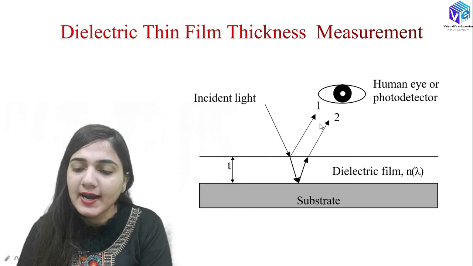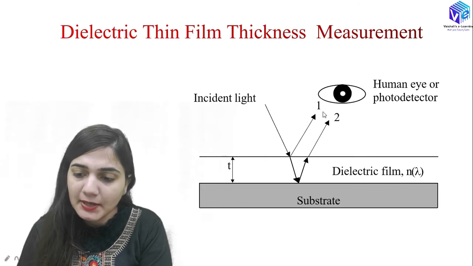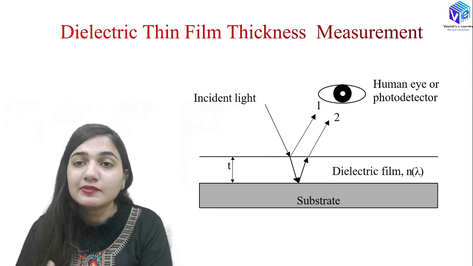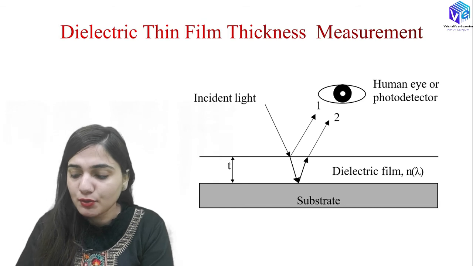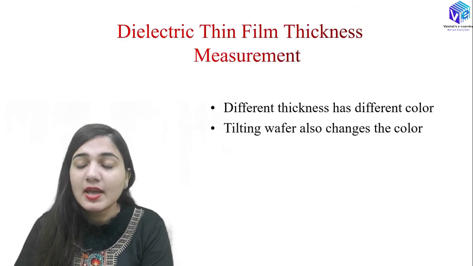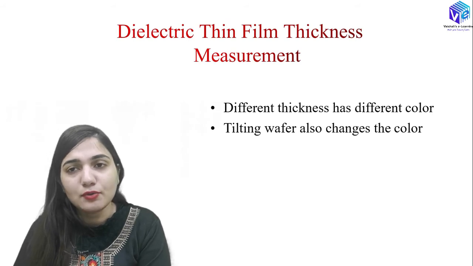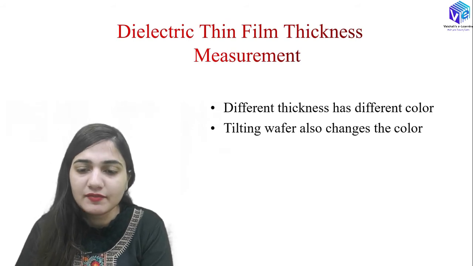These two light rays, light 1 and light 2, will tell me what kind of film thickness I have. They give different colors, and based upon the different colors I am going to find out the thickness of the given film.